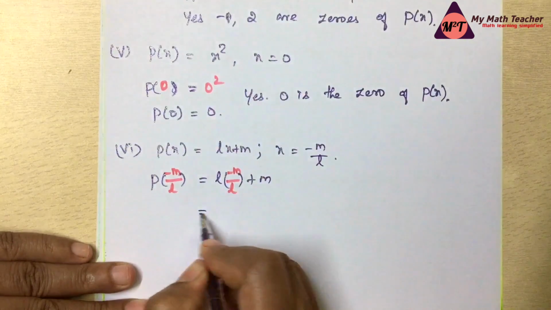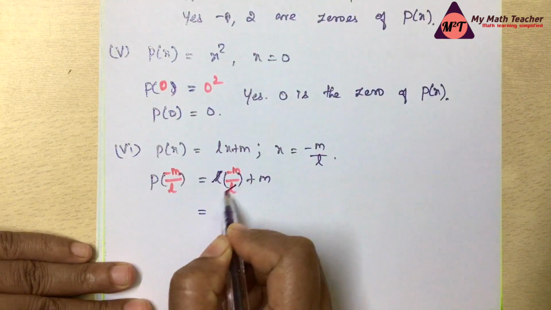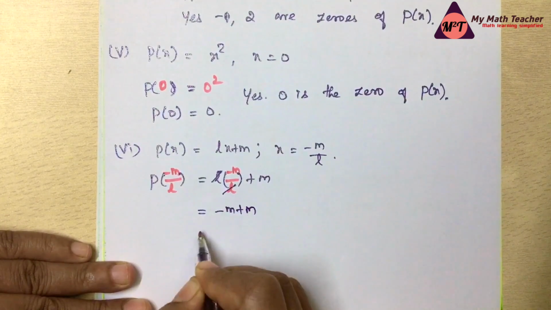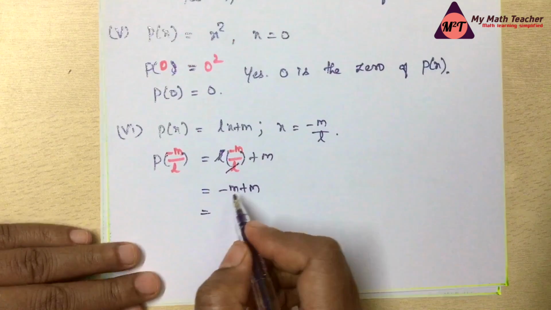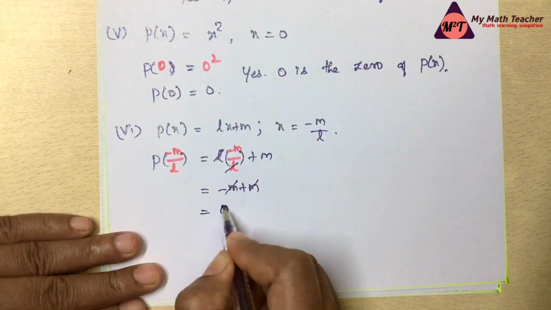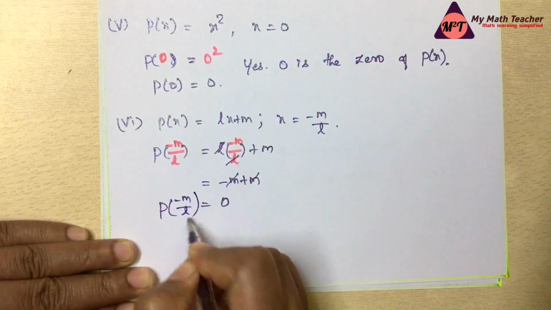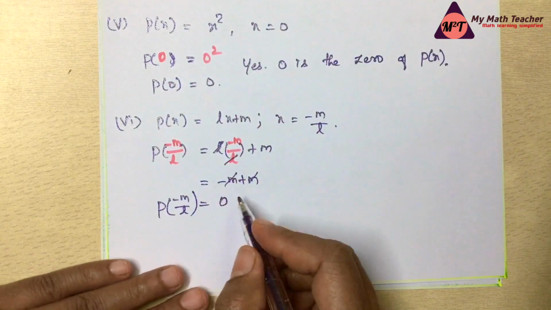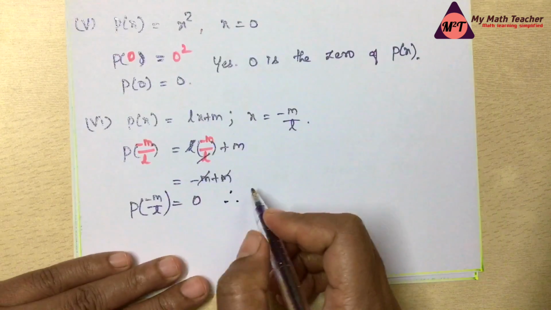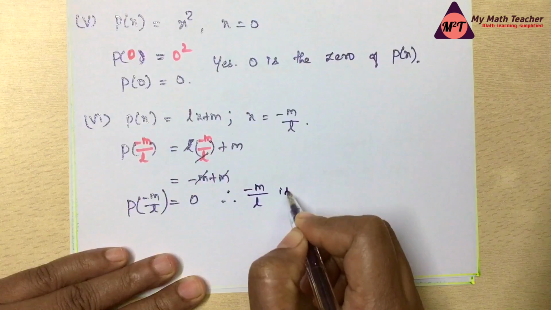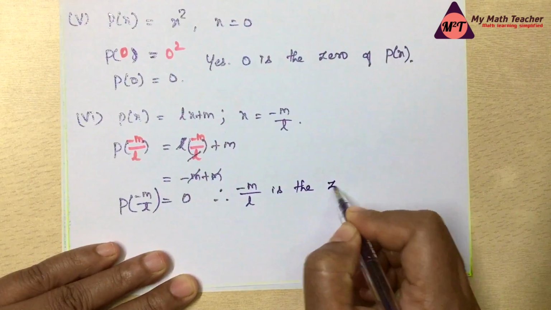Here we can divide L and L. It will be 1. Now minus m plus m. Negative value and the same positive value, when you add it, it will be 0. Now p of minus m by L becomes 0. Therefore, minus m by L is the 0 of p of x.